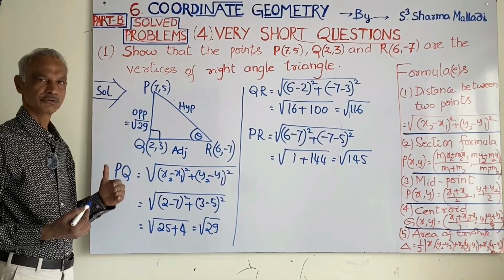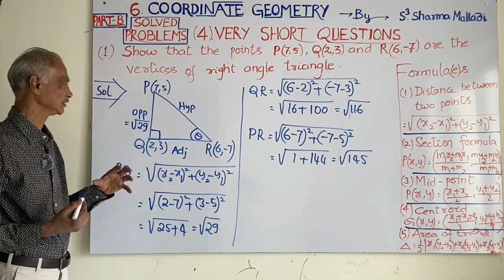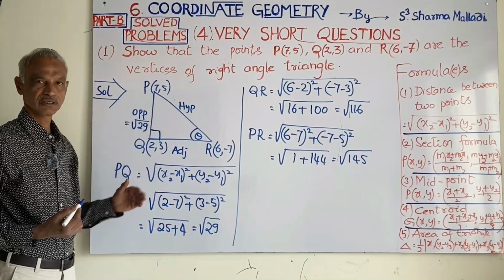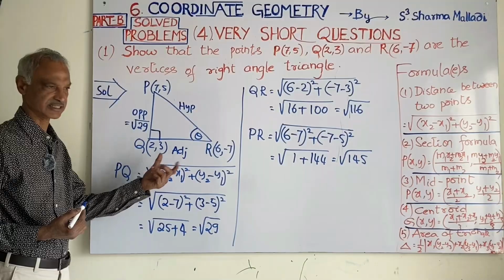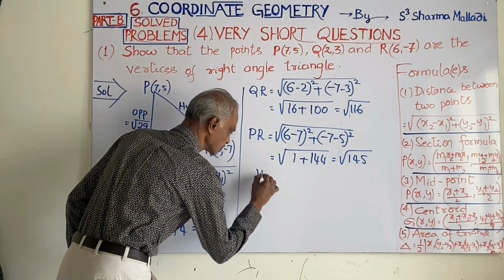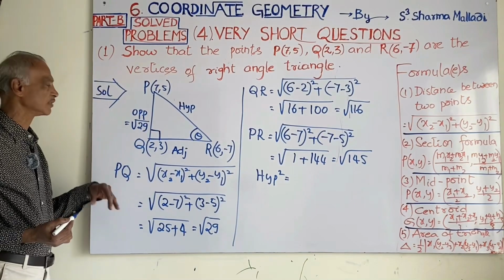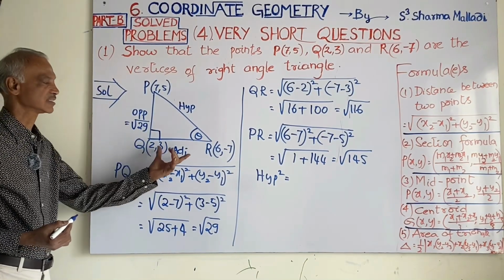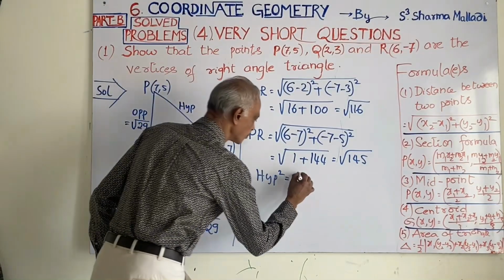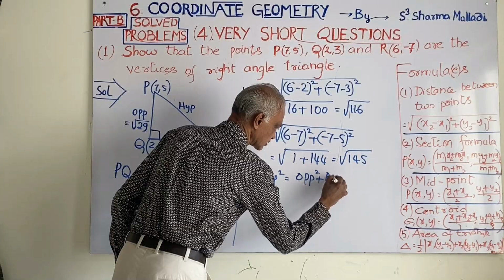Now, to show a right angle triangle, we have to use Pythagoras theorem. The square of the hypotenuse is equal to the sum of the squares of the other two sides. Means opposite side square plus adjacent side square.